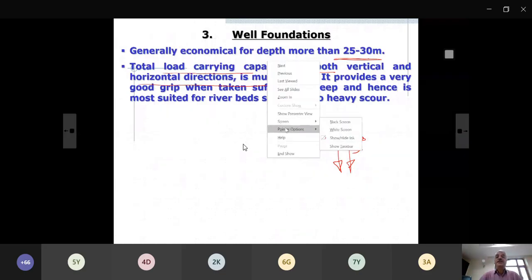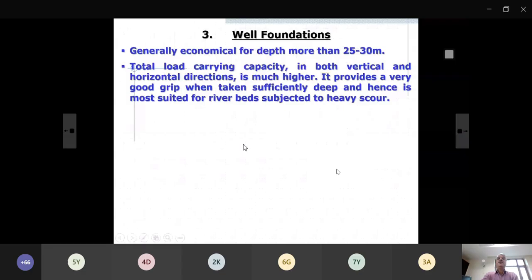Well has very high vertical and lateral load carrying capacity, and it provides a very good grip when taken sufficiently deep. Therefore it is most suited for river beds subjected to heavy scour, because it gives you side resistance and very massive end resistance. So they are highly suitable in very large rivers.